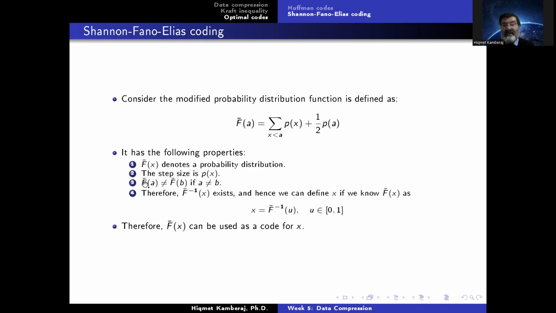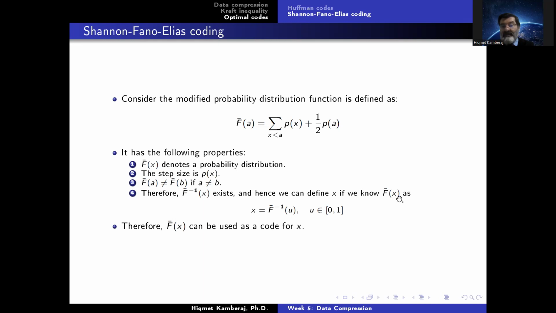F bar of a is such that whenever a is different from b, F bar of a is also different from F bar of b. So if you see it as a function, this is a one-to-one function. Therefore, it is also onto. Therefore, the inverse exists, and we denote this F bar minus 1 of x, and it can be defined in such a way.